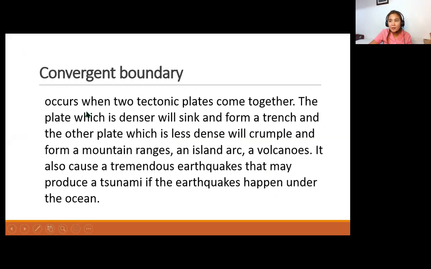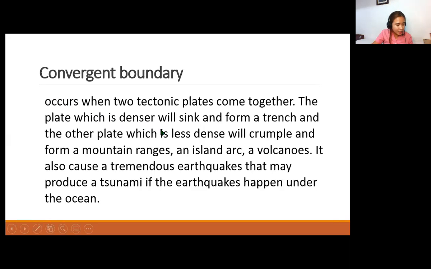Next, we have convergent boundary. It occurs when two tectonic plates come together. So, ang pinagkaiba niya kay divergent, kung si divergent naghihiwalay, si convergent naman, they come together. So, pwedeng nag-uumpugan or nagkabanggaan yung dalawang lupa. I will show you a picture later. The plate which is denser will sink.